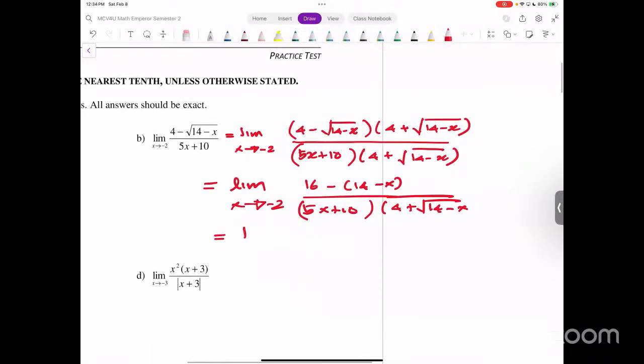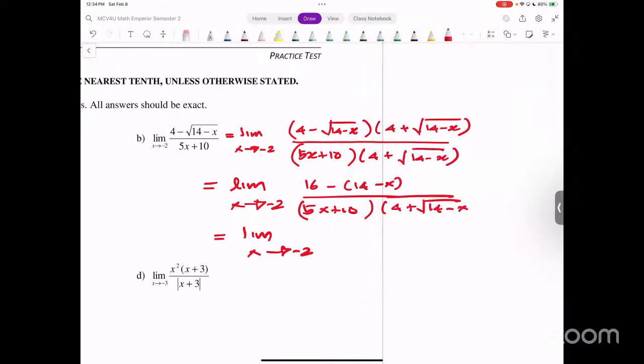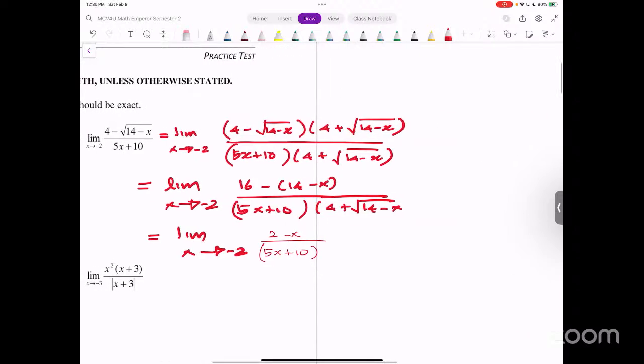Let me make this smaller. So 2 plus x over 5x plus 10, 2 plus x, 2 plus x, and then 4 plus the square root of 14 minus x.